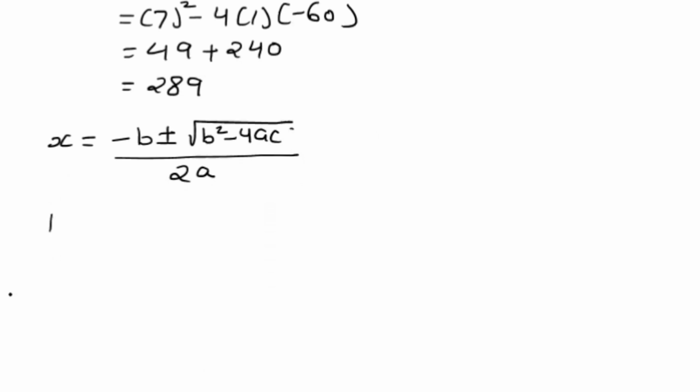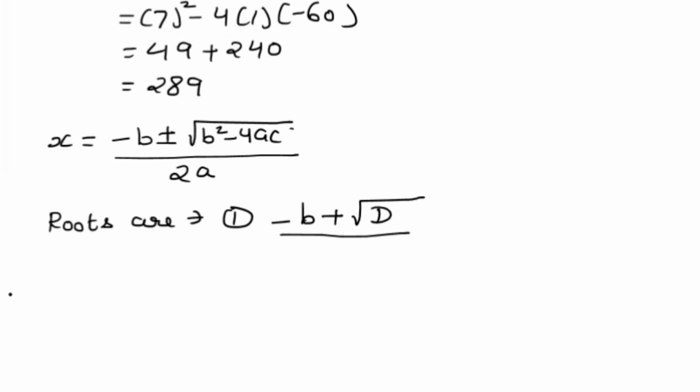You know that a quadratic equation has two roots or two zeros. Finding the two zeros which have distinct values, that means different values, the roots will be minus b plus under root D upon 2a. We are writing D in place of b square minus 4ac. The second root will be minus b minus under root D upon 2a.